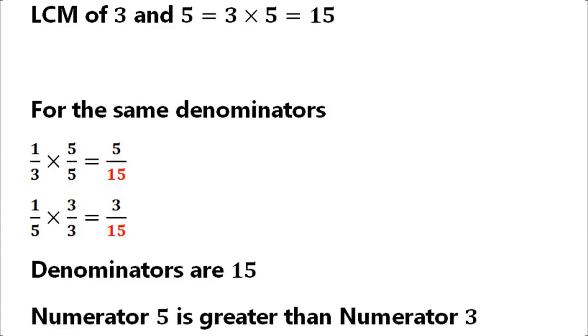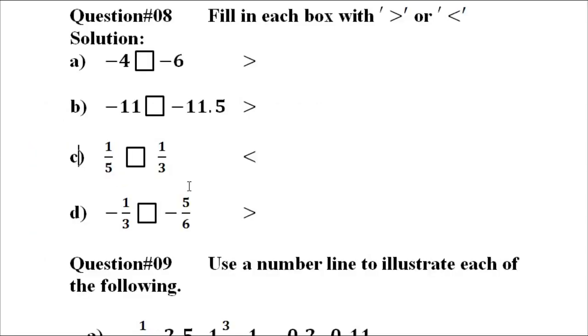As you have noticed, the numerator 5 is greater than the numerator 3. Therefore, the fraction 1 over 3 is greater than 1 over 5, or 1 over 5 is less than 1 over 3. Therefore, I will put the less than symbol between 1 over 5 and 1 over 3, and I will read it as 1 over 5 is less than 1 over 3.